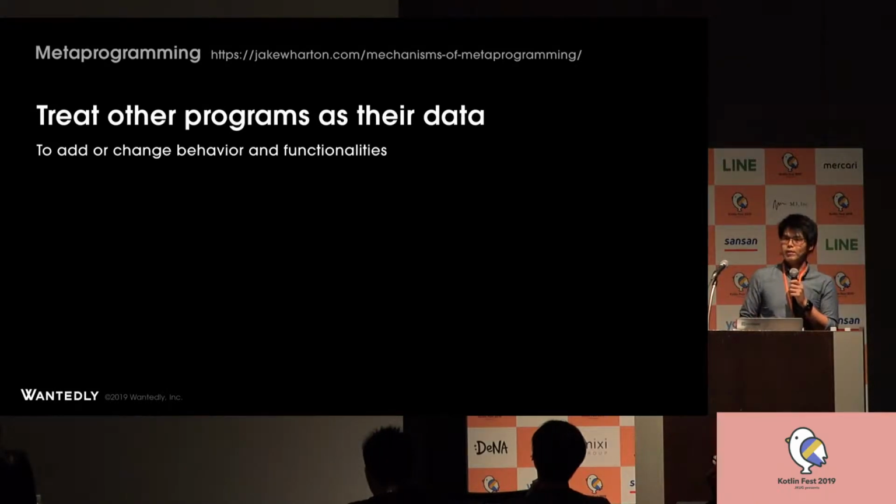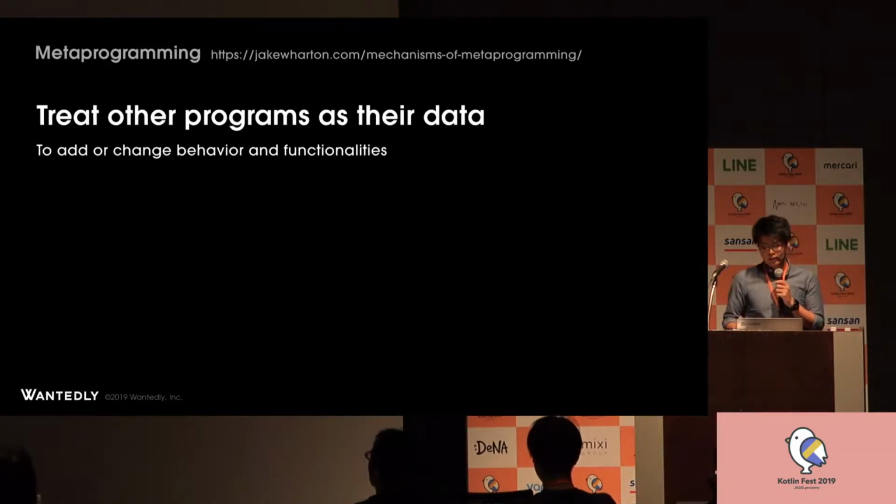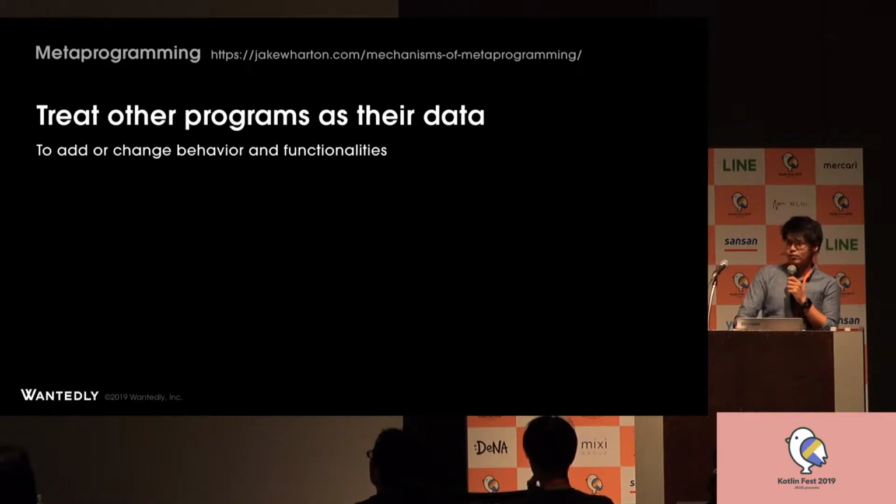Metaprogramming, if you go by the definition, is a program that uses another program as its data. This data can then be used to alter or change the behavior of the program or add extra functionalities to the program itself. This concept is very common, for example, to help us reduce boilerplate codes.